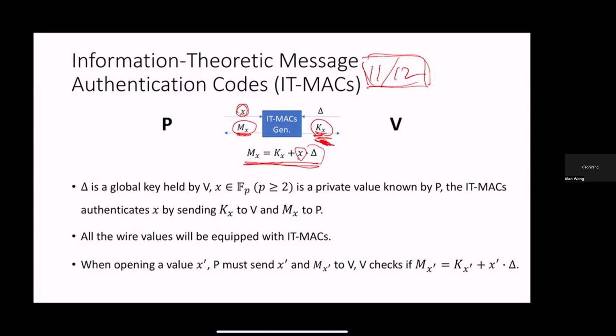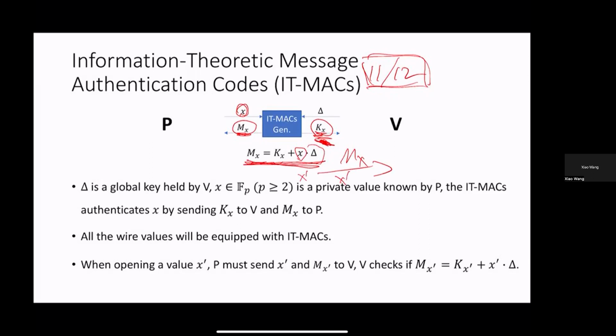On the other hand, if a prover wants to convince the verifier that the prover holds x, the prover can just send m of x. When the verifier has m of x, the verifier can check whether this relationship holds, and if it holds, then it has to be x. If a prover wants to convince the verifier of some other x prime, it's not going to check out, because if m equals this, then m is not going to equal the same equation with a different x prime.